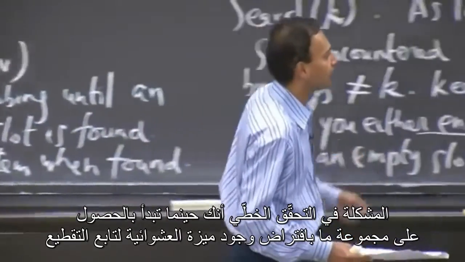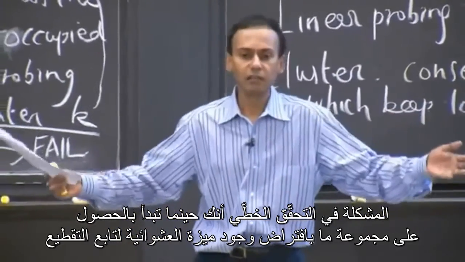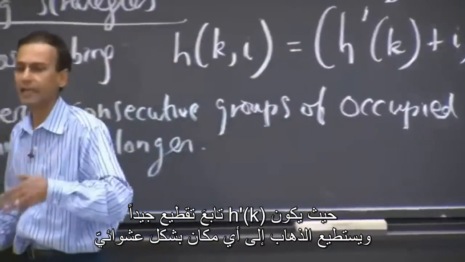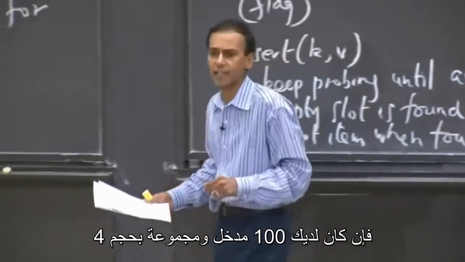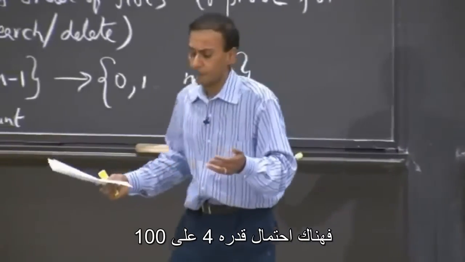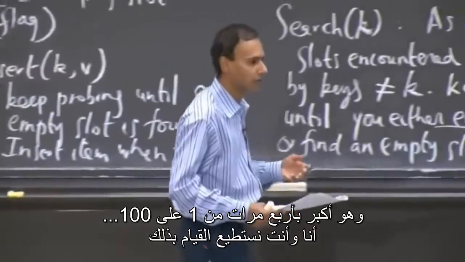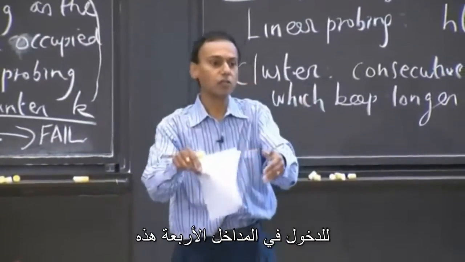right? The problem with linear probing is that once you start getting a cluster, given, let's say, the randomness in the hash function, and h prime k is a pretty good hash function and can randomly go anywhere, well, if you have 100 slots and you have a cluster of size 4, there's a 4 over 100 chance, which is obviously 4 times greater than 1 over 100, even I can do that, to go into those 4 slots.